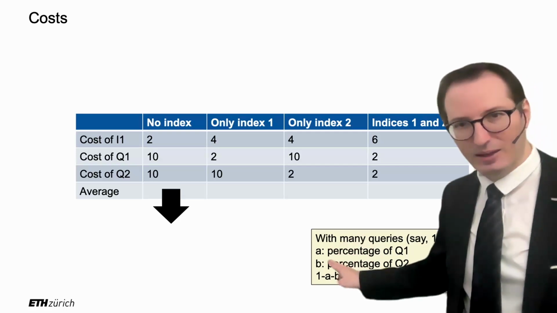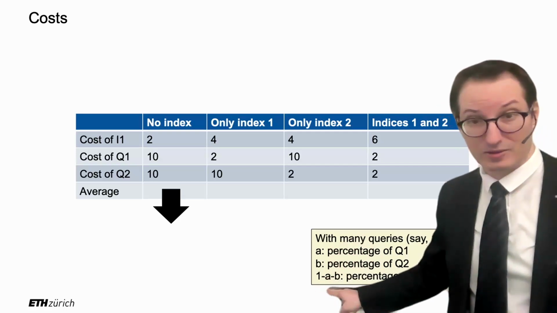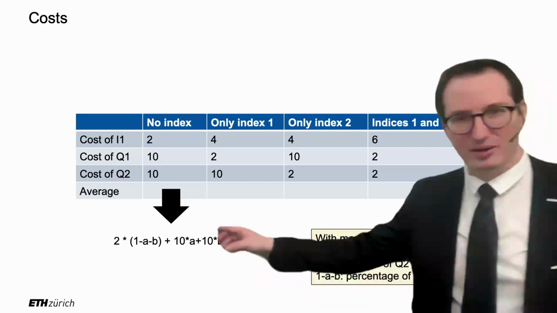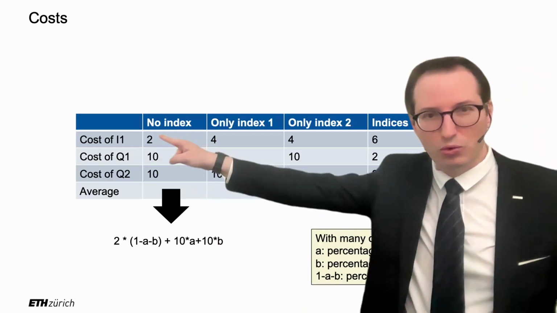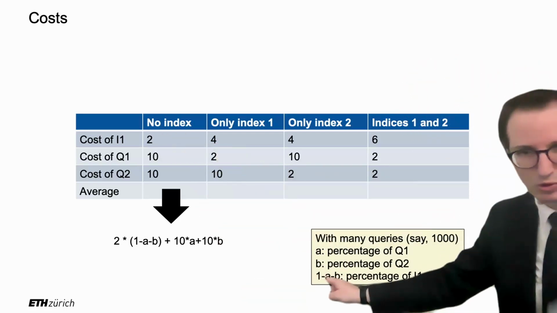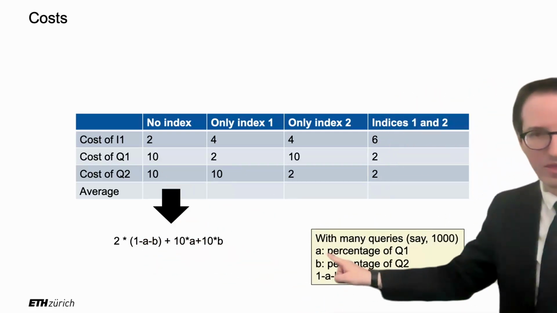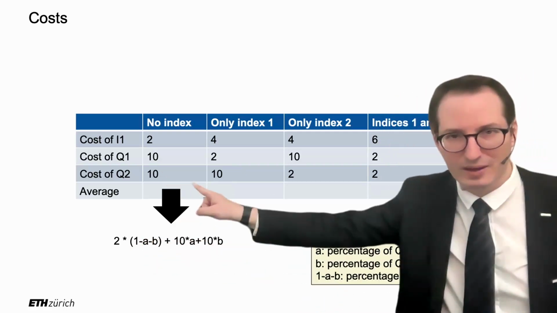So basically, A, B, and the rest, 1 minus A minus B. If you do the math here, then that's the part that is here. So 2 times 1 minus A minus B, 10 with A, and 10 again for B.